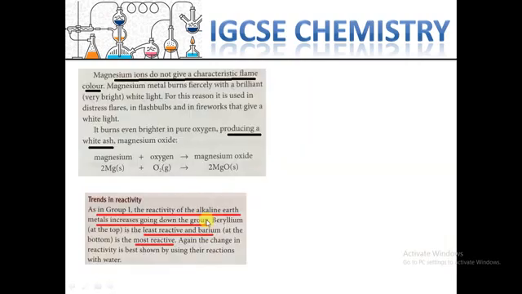Magnesium doesn't give any color, only producing a white ash.